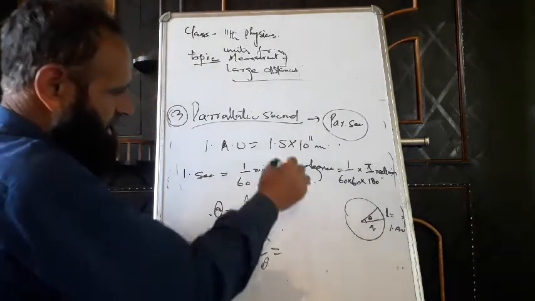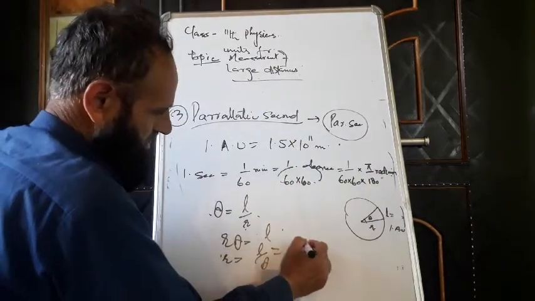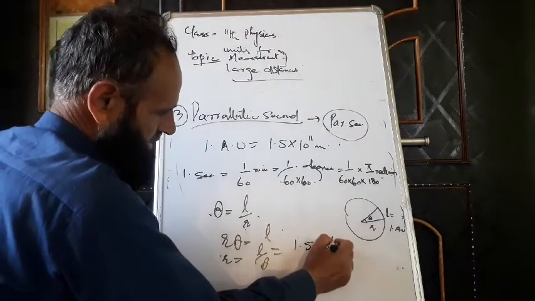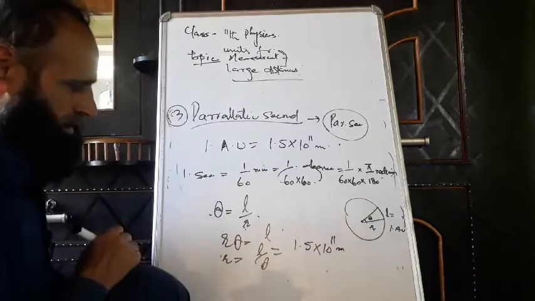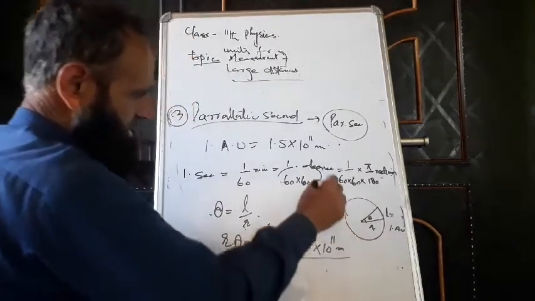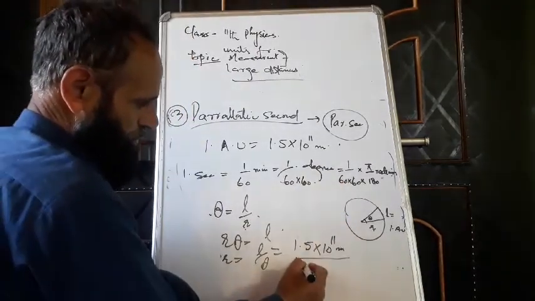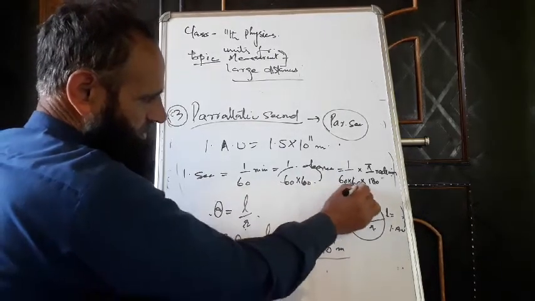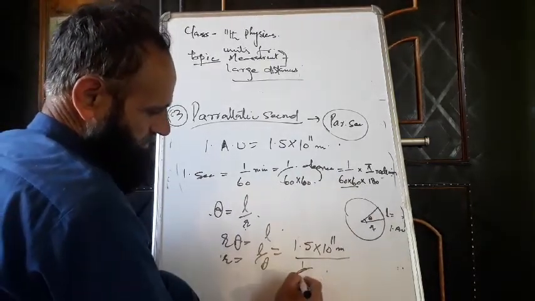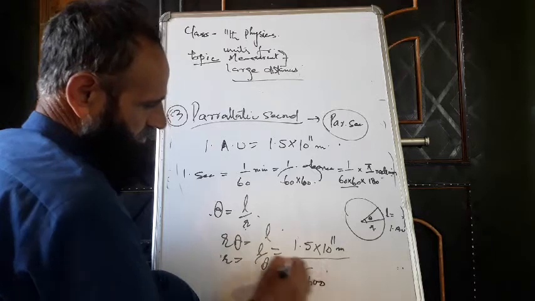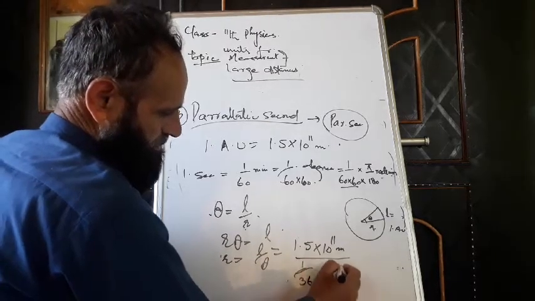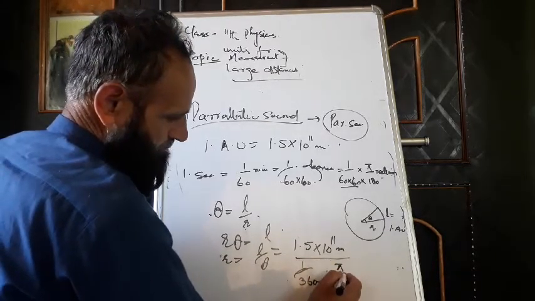Instead of L, I can take 1.5 into 10 to the power 11 meter. Instead of theta, I can write 1 by 60 multiplied by 60, that is 3600 into pi by 180.